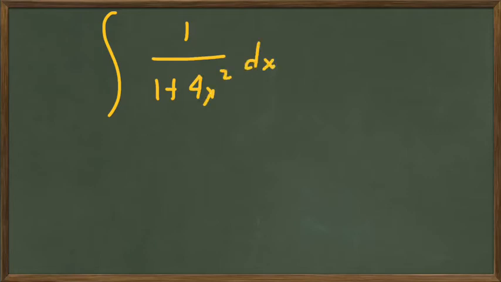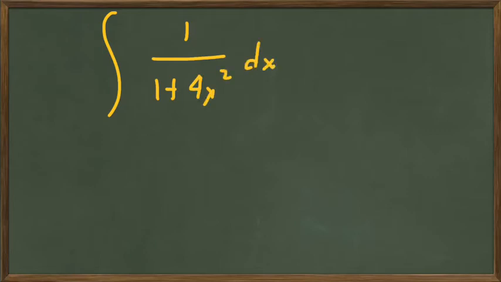So notice that there are problems in the text on page 158 where you would use this same formula, like 1 over 1 plus 4x squared dx.